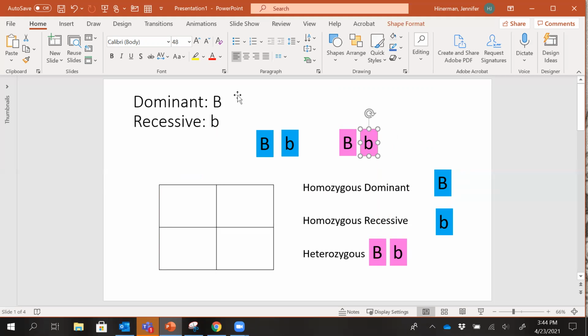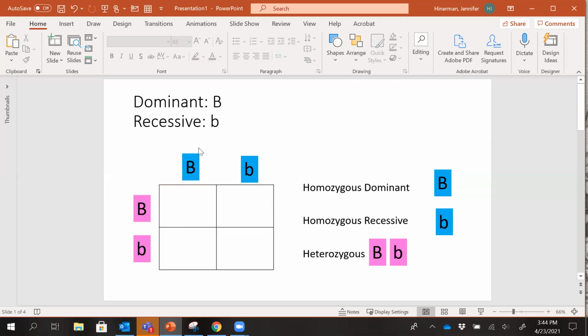And dad got a big B from one parent and a little b from the other parent. Okay, so we're going to see what are the possible babies made with these two parents. So remember, they got one from each parent, so they can only give one to each child. So we're only going to put one letter above or on the side of each box.